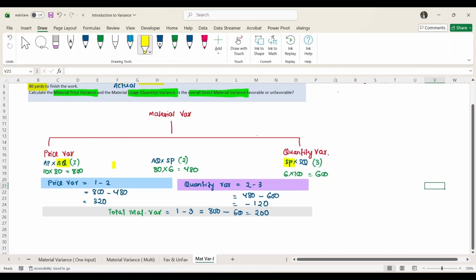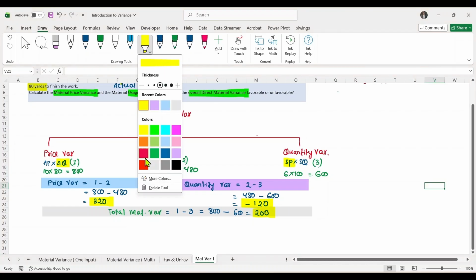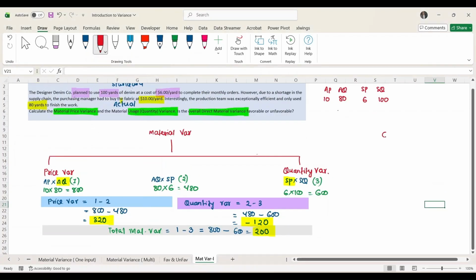So let's highlight. This price variance gets a positive 320 and the quantity variance is minus 120 and the total material variance is equal to 200. In this context, we know this is a cost. So for any cost variance, if it's a positive number, that means we have spent extra cost, it becomes unfavorable.